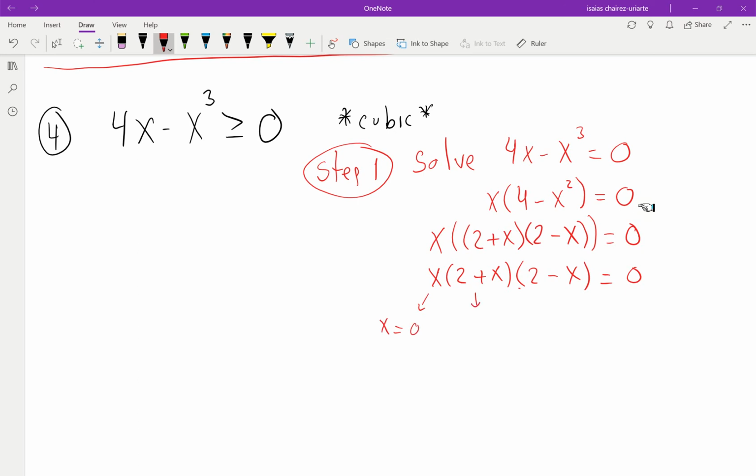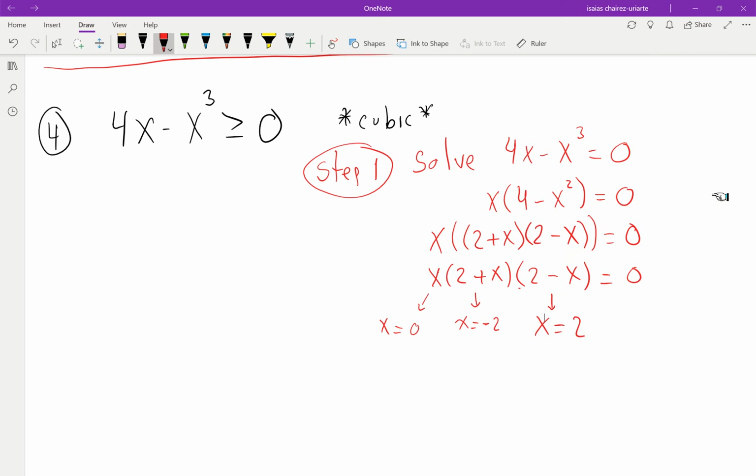From here I have that x is equal to -2. And from here I have that x is equal to +2. And you should verify that. You should say 2 minus x equals 0. Then you have to subtract a 2, and then you have -x equals -2. Then you multiply both sides by -1, and that would just say that x equals 2.